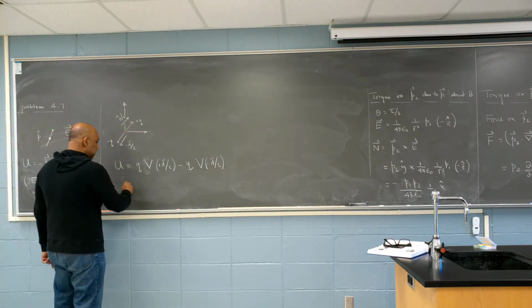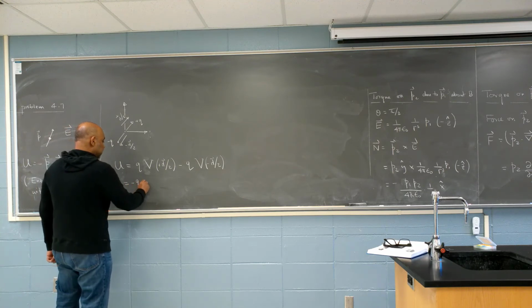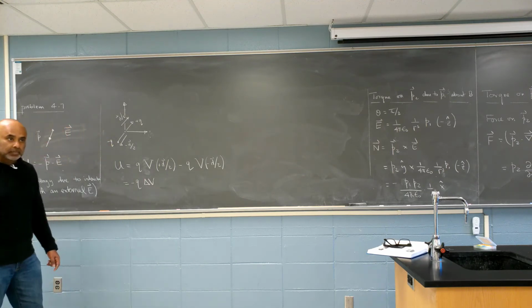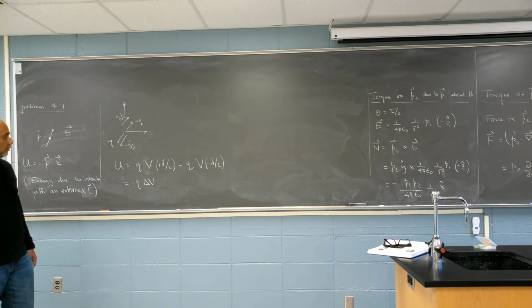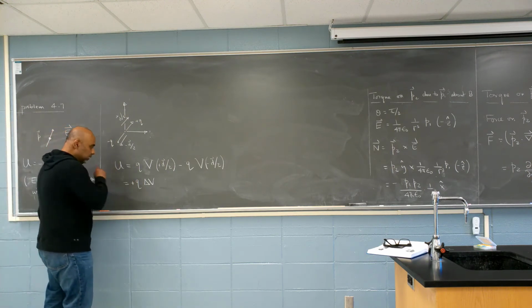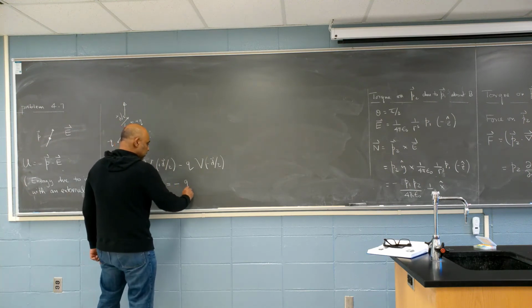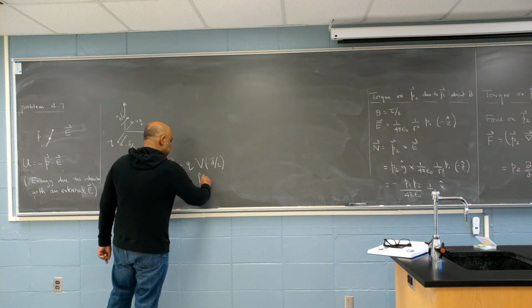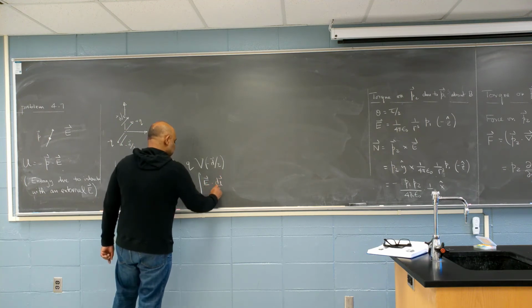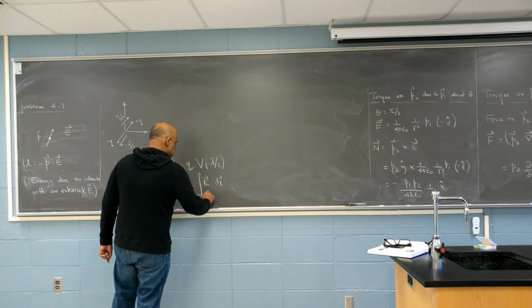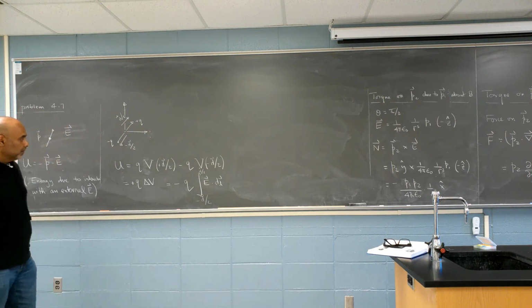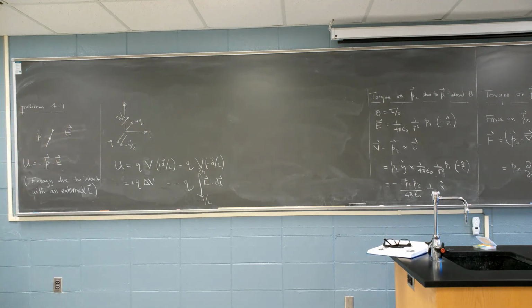This can be written as q times delta V, which is nothing more than minus q integral of E dot dl from minus d over 2 to d over 2. Correct? Because that's what the potential is defined to be.